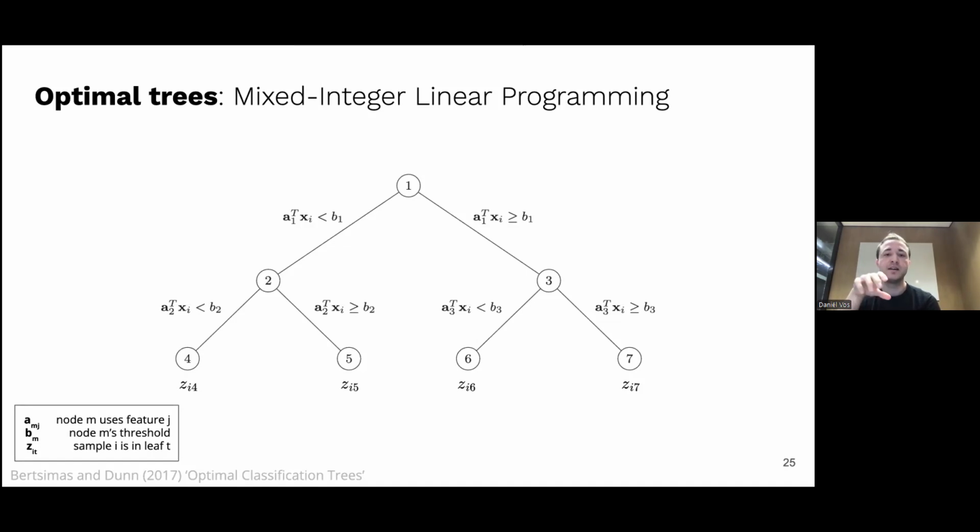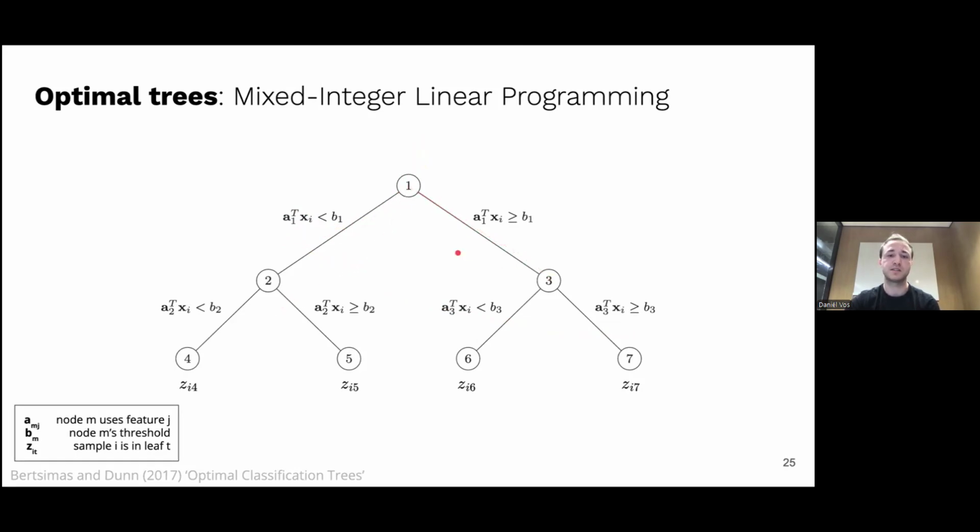Basically, the idea is to fix the structure of your decision tree and use these variables A and B to decide the predicates that are used to decide which side of the tree you're going to as a sample. So what I mean by that is that if we input a sample in the top, if its feature value is less than B, the threshold value goes to the left, otherwise it goes to the right.